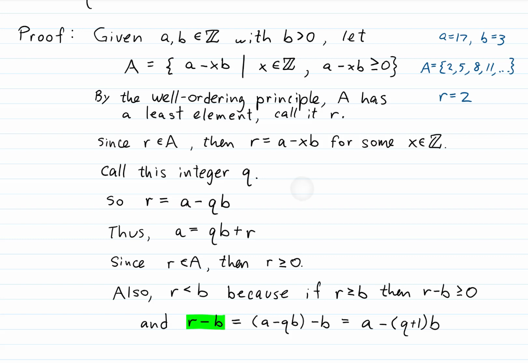R minus B equals A minus an integer times B.